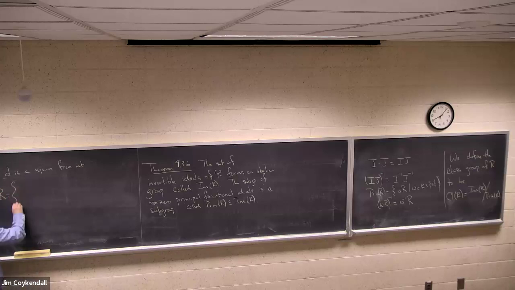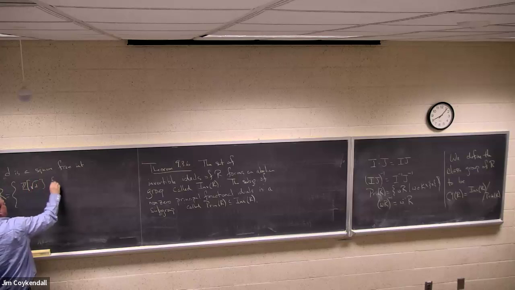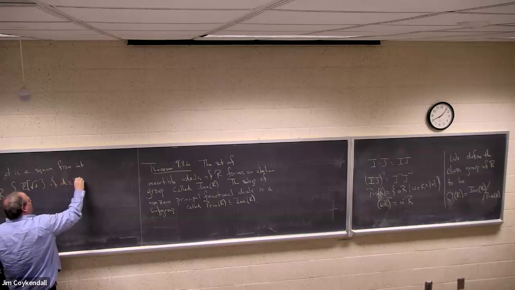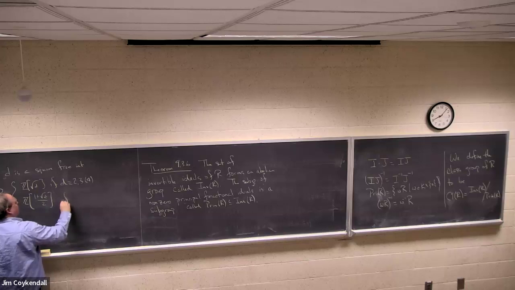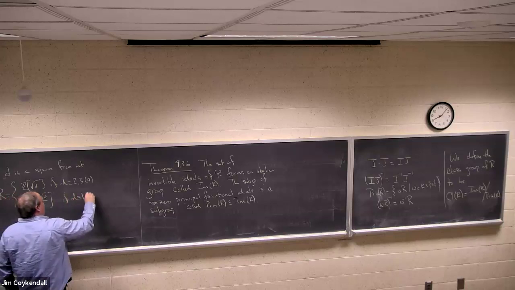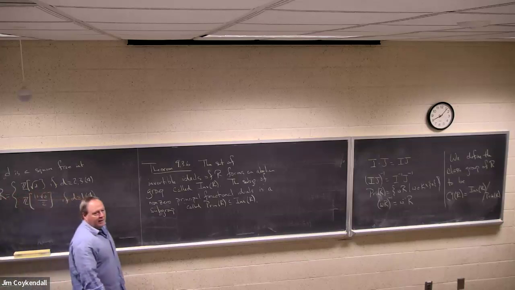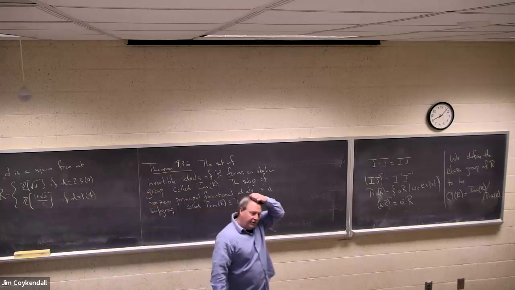Let R be Z adjoin the square root of D if D is congruent to 2 or 3 mod 4, and Z adjoin (1 plus the square root of D)/2 otherwise. We've seen this thing before. This is called a quadratic ring of integers.